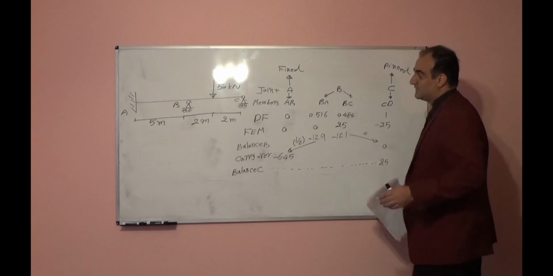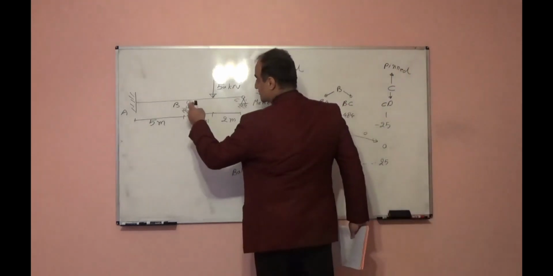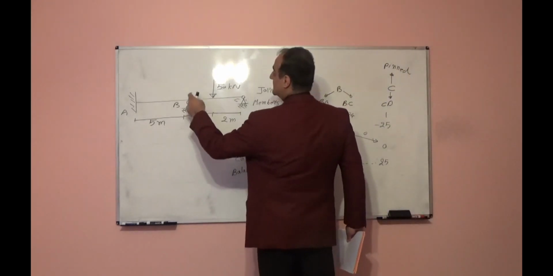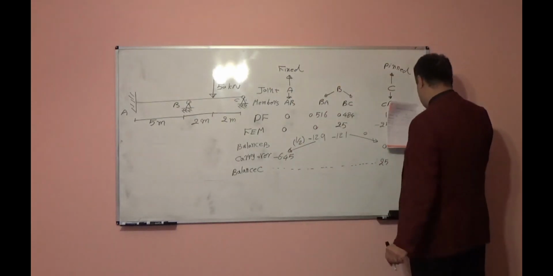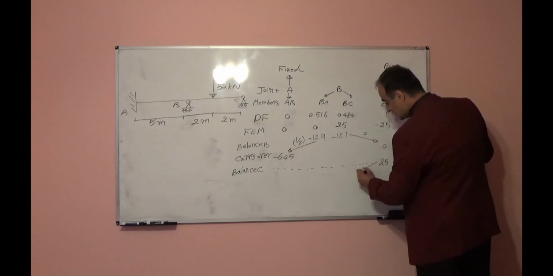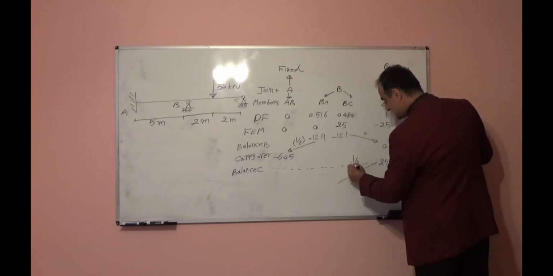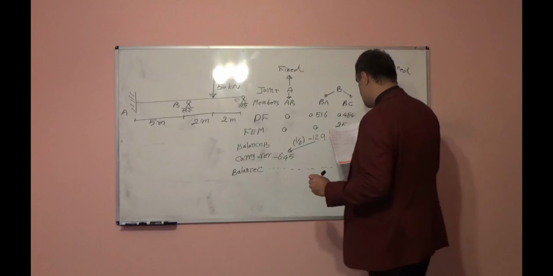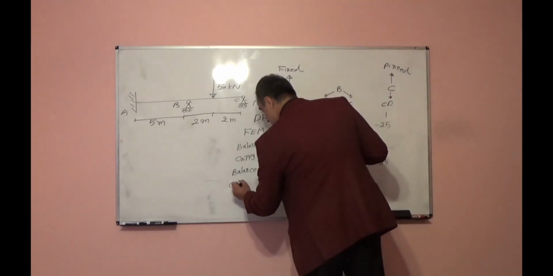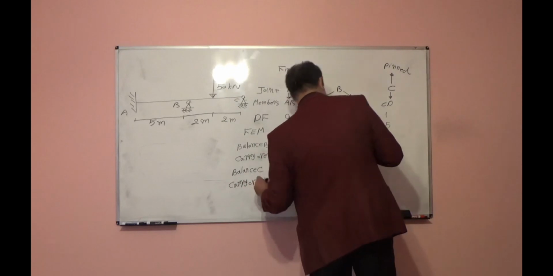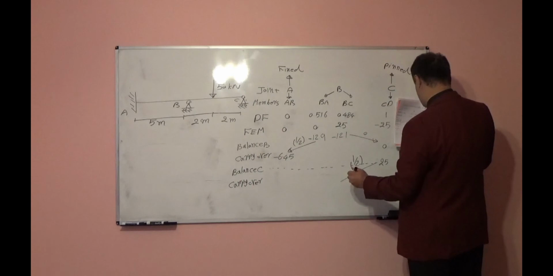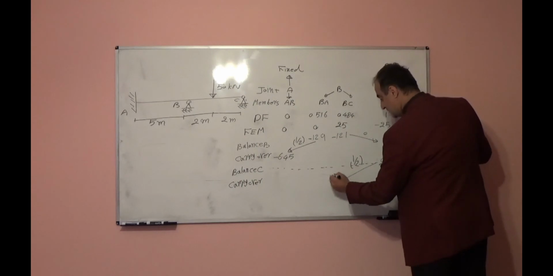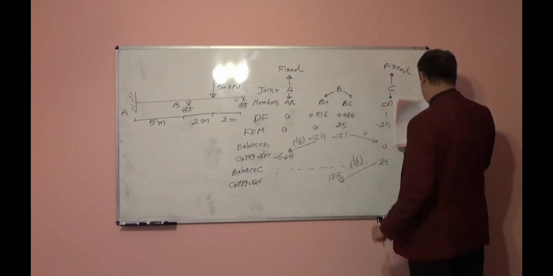So carryover factor, it goes to joint B. Joint B is continuous, so carryover factor, it will be half, 1 over 2. So here carryover will be 12.5.